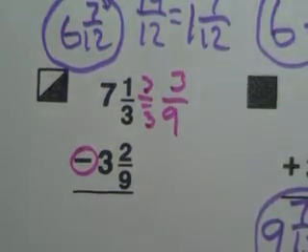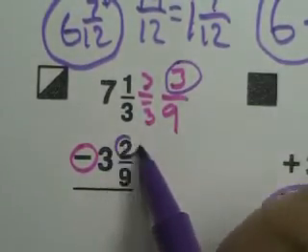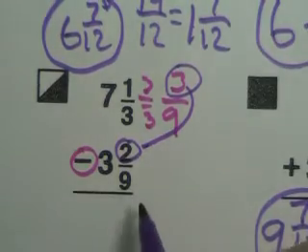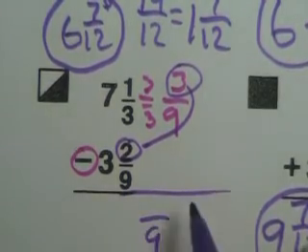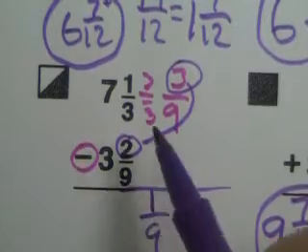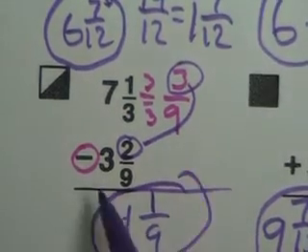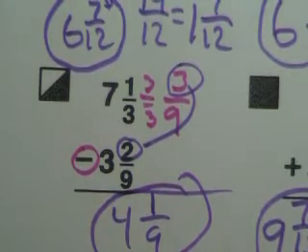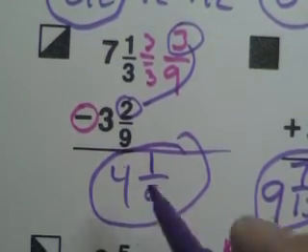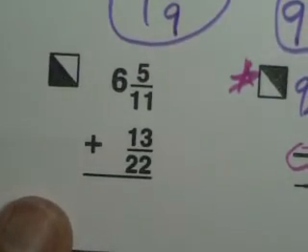Hey, I do not have to borrow because that's a 3 and that's a 2. I can subtract 3 minus 2 and end up with a positive number. 3 minus 2 is 1. All right, and 7 minus 3 is 4. So this was subtraction without any borrowing.